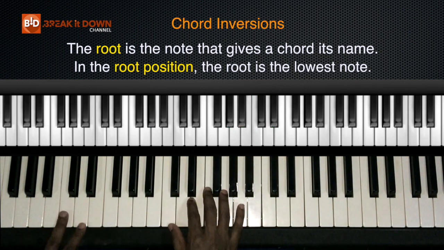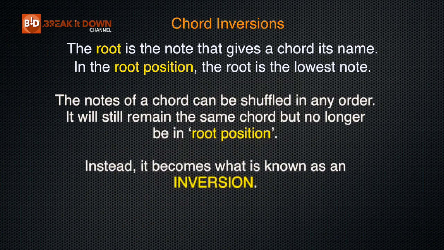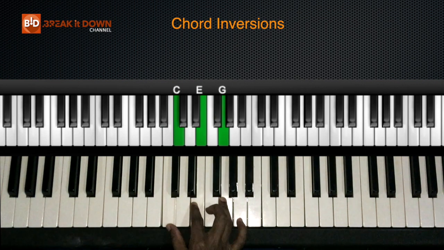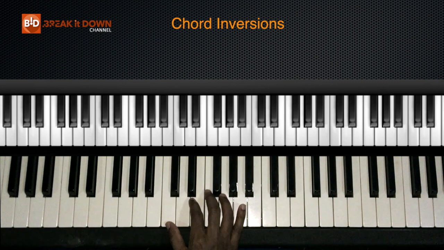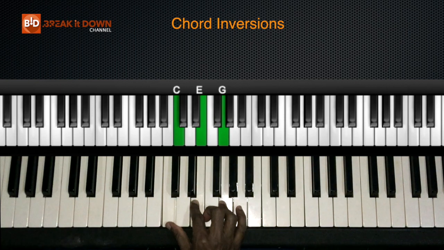Okay. Now let's come back to the C major chord. Now this is how we invert a chord. Remember we're playing 1, 3, 5. To invert this chord, we need to take out the lowest note, which is the 1.